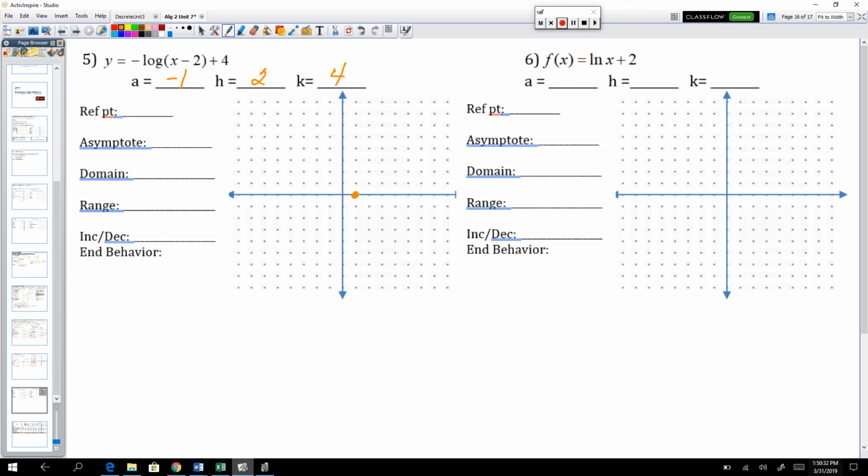So that a value has no impact. If we move to the right 2 and up 1, 2, 3, 4, we land at 3, 4. So 3, 4 is our starting point.